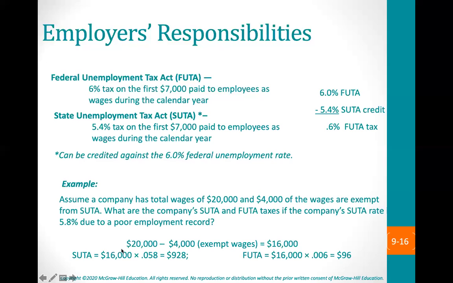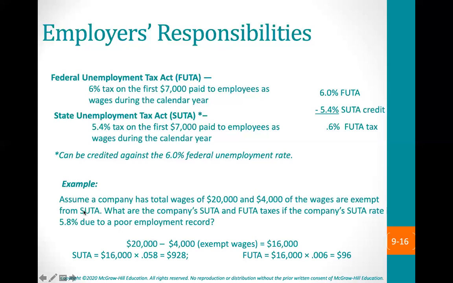For SUTA, it's $16,000 times the 5.8%, 0.058. We're going to pay $928. For FUTA, it's $16,000 times 0.006, or $96. We're taking that 6%, reducing it by the 5.4% SUTA rate credit to get 0.6% tax.